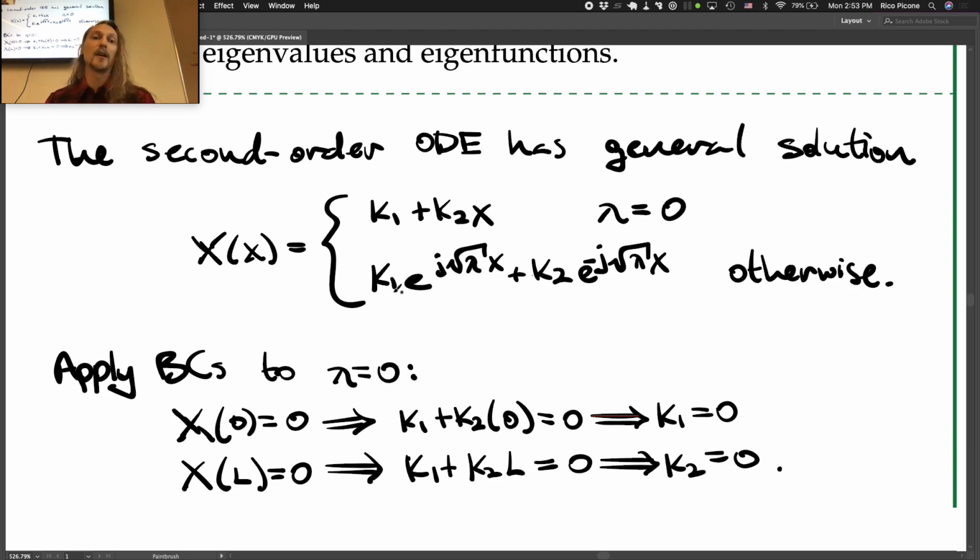It turns out that K1 has to be 0 in all cases of lambda, and that K2 can be non-zero if we have lambda greater than 0, and in that case, there are only certain values of lambda that work, right? The eigenvalues are the only ones that work, the lambda n's.